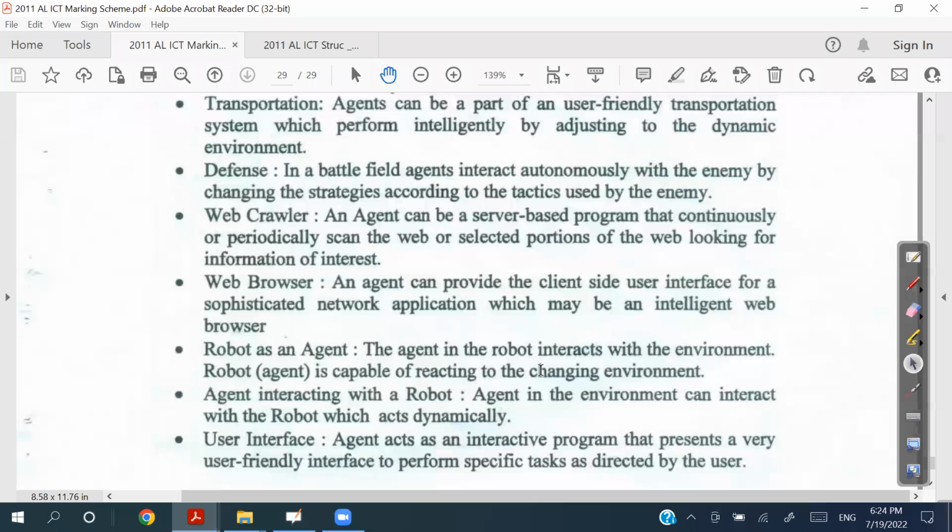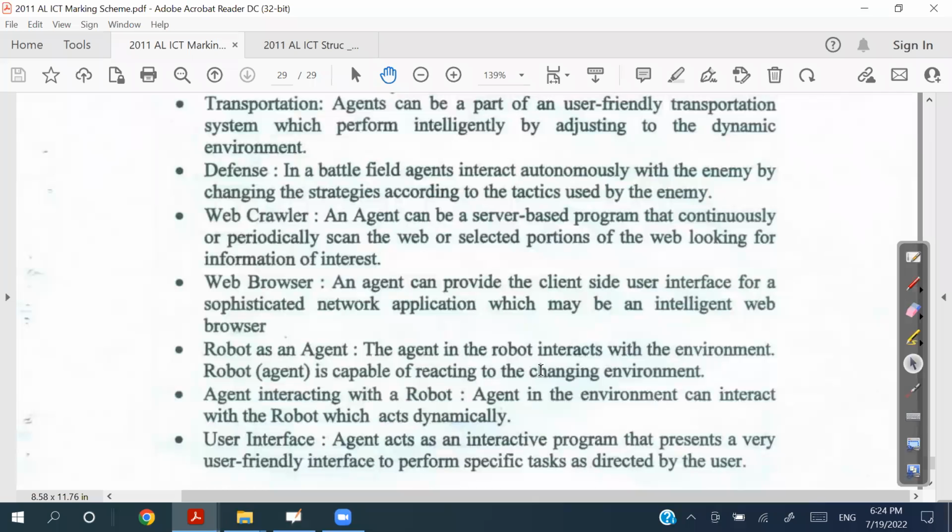And you can have a robot as an agent, right? Some particular kind of agent which interacts with the environment. What this means is the physical robot is there, and the program inside the robot is an agent, right? So it's an agent program which is included in the robot circuit.